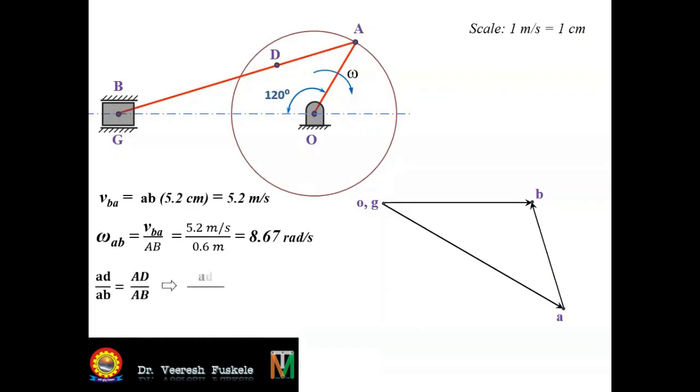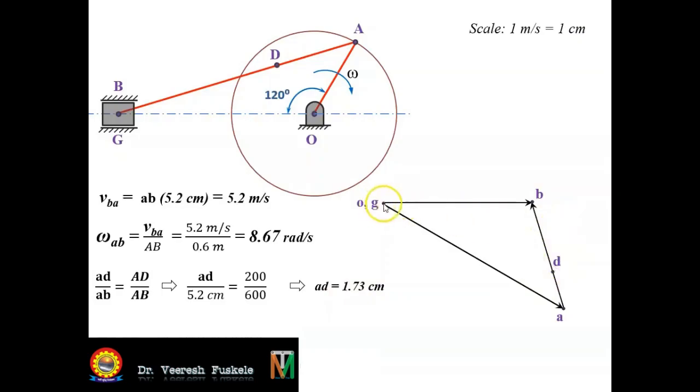This will be calculated as follows, and we'll get AD as 1.73 centimeter. So this 1.73 centimeter we mark on this vector AB in the velocity diagram. We'll take the length on the compass, and we'll mark the point D as follows. So this AD in the velocity diagram is 1.73 centimeter. So we have obtained the point D.